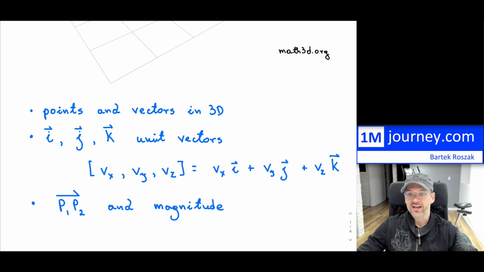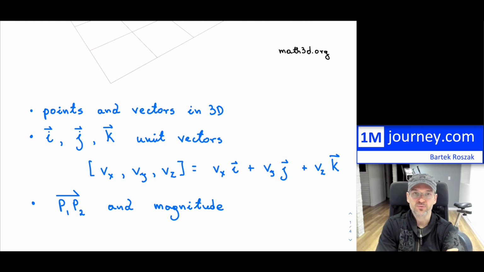I want to then introduce an extra unit vector, which is one of our base vectors. You may recall in 2 dimensions we had the i and the j vectors, and we utilized those. Well, it shouldn't be really a surprise that if you go into a 3rd dimension, you're going to have another unit vector. That unit vector we actually call the k vector. So I'll talk about that.